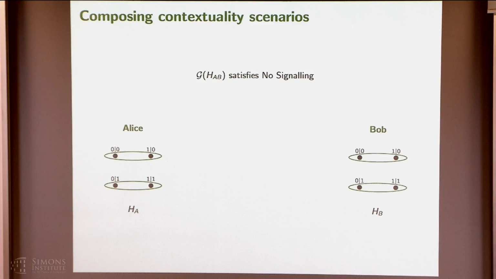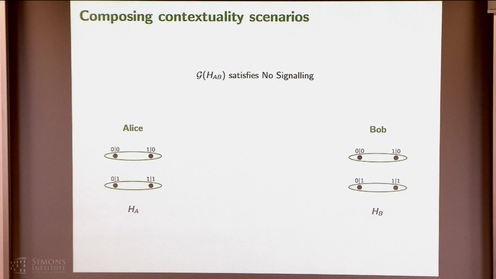What happens if we have, for instance, Alice and Bob, and each of them has their own systems, their own measurement sets, their own outcomes, their own identifications, and we want to try to understand those two separate systems as just being one?